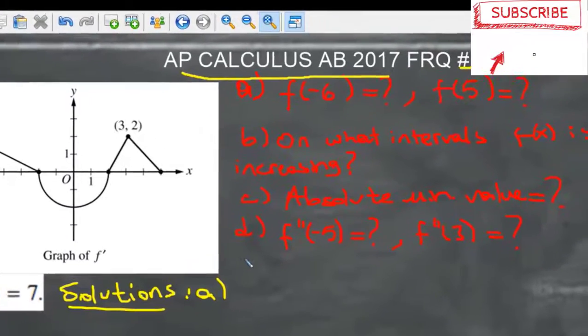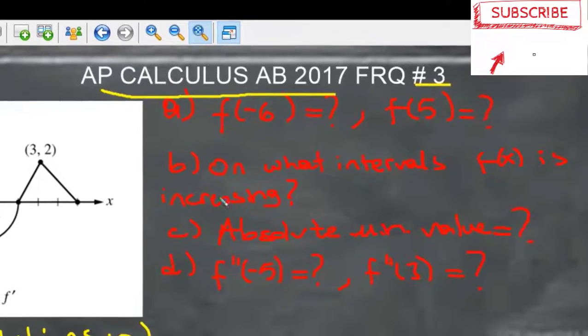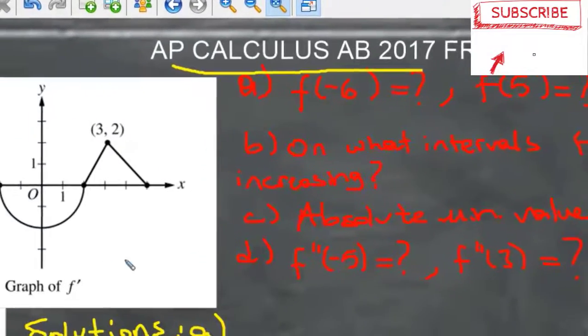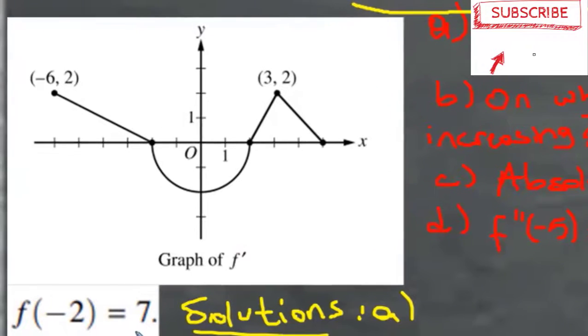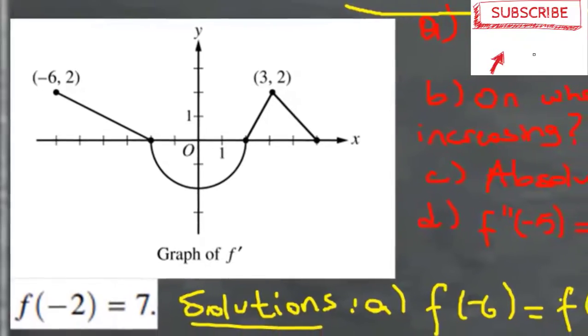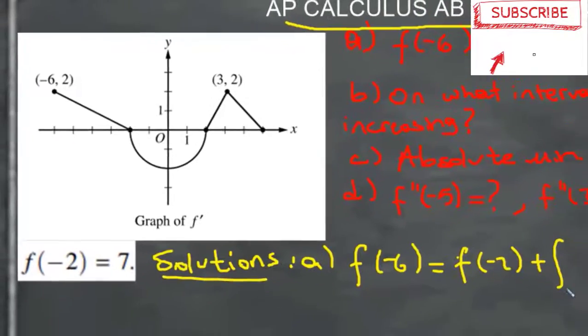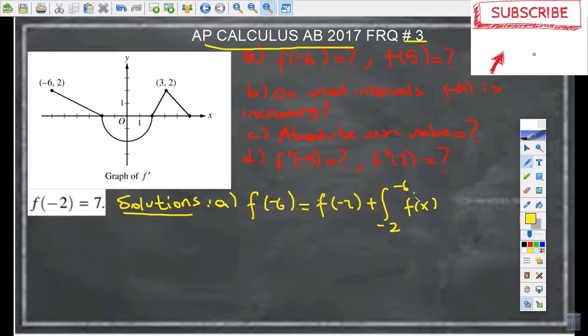So, let's get started. In the first problem, part A, it says what is f of -6? Since we're given the first derivative and this value, we're going to use these two pieces of given information. In order to find f of -6, I can set up this formula: f of -2 plus the definite integral from -2 to -6 of f prime x dx.